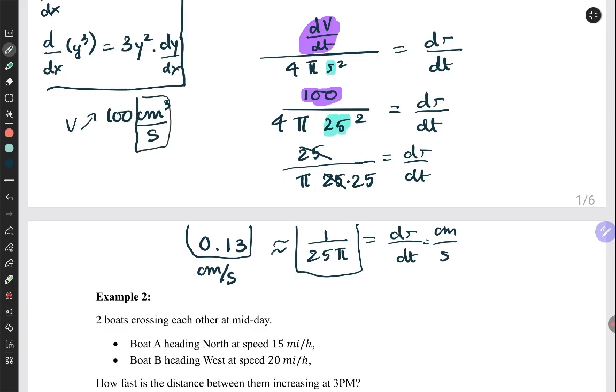By looking at this unit, I know exactly that it is the volume over time. It's not volume. It tells me that is the volume over time. Therefore, 100 is dV over dt.